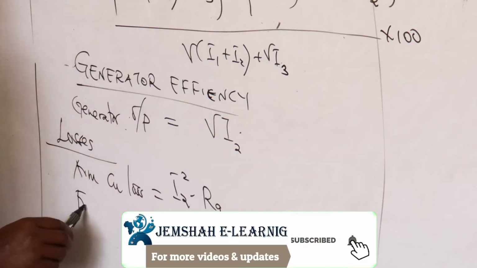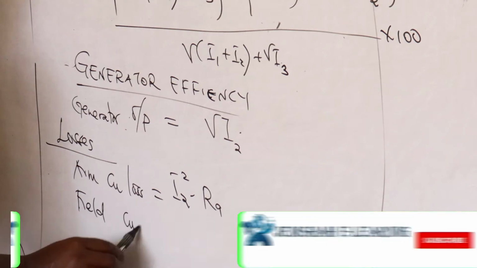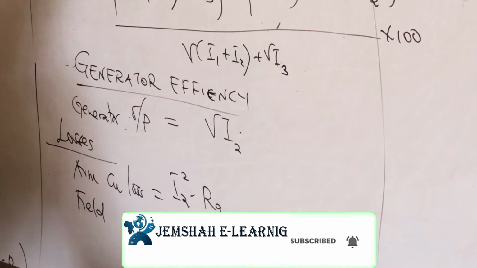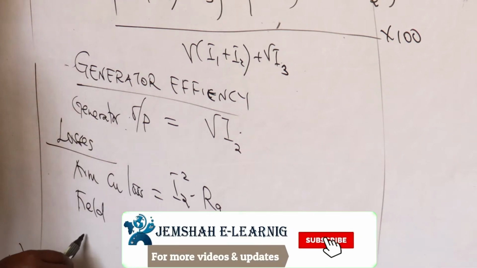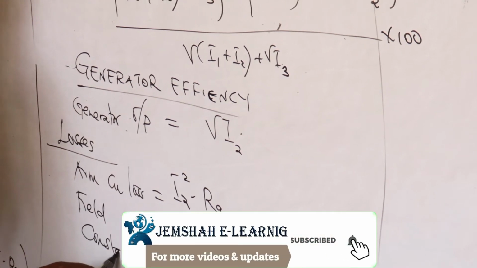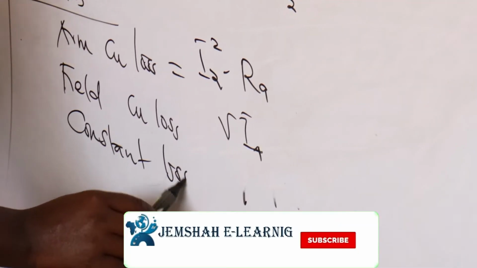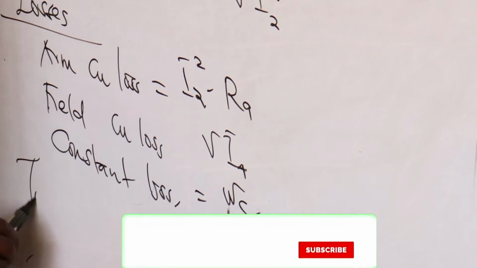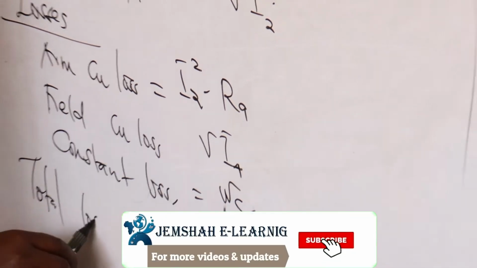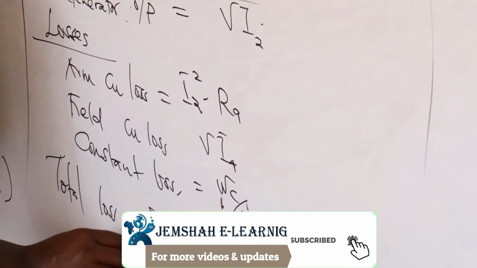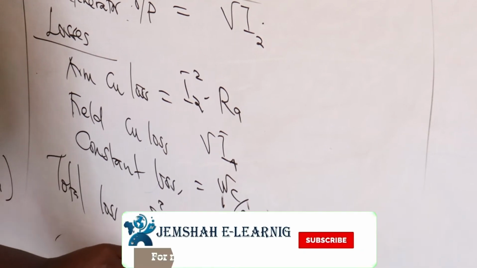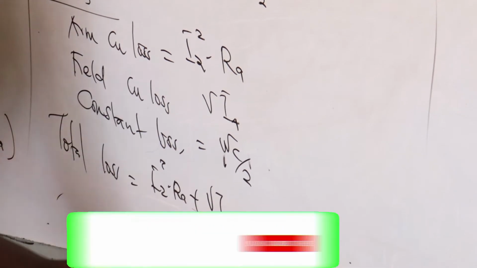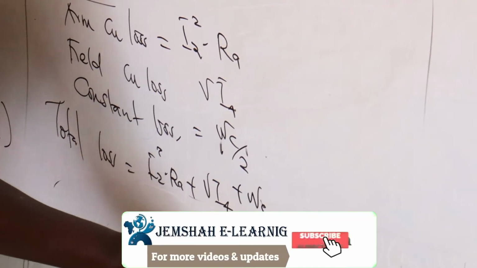Field copper loss is given by V and the field current I4, VI4. Constant loss is WC divided by 2.